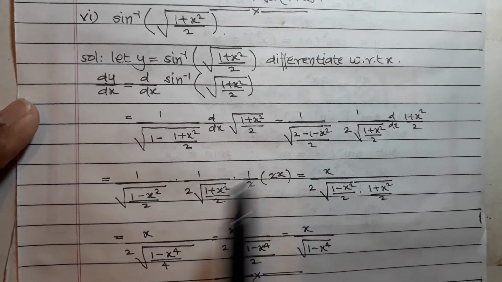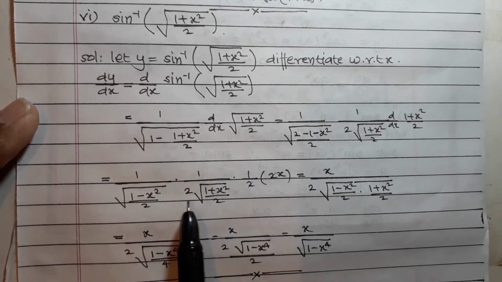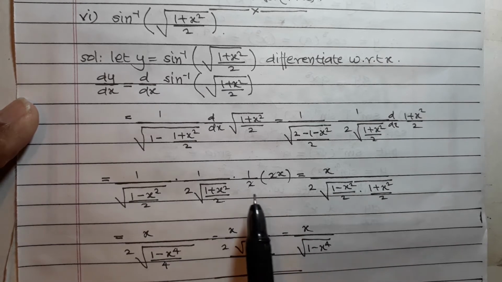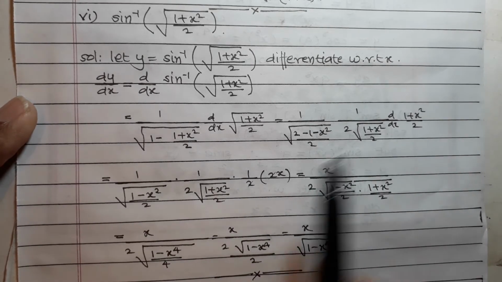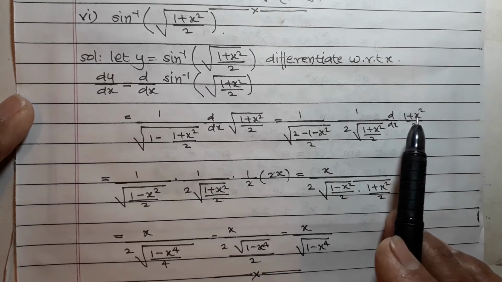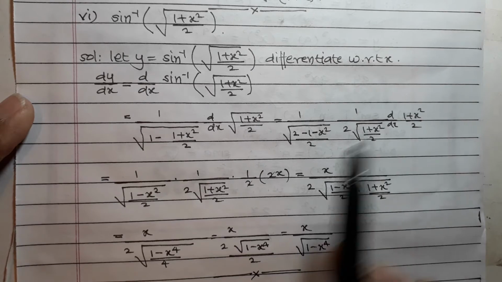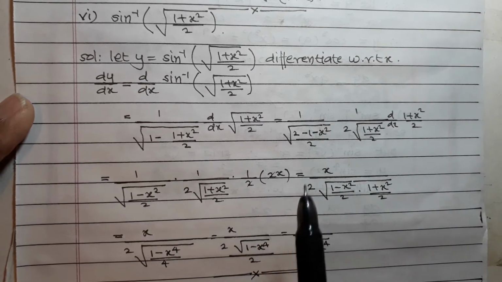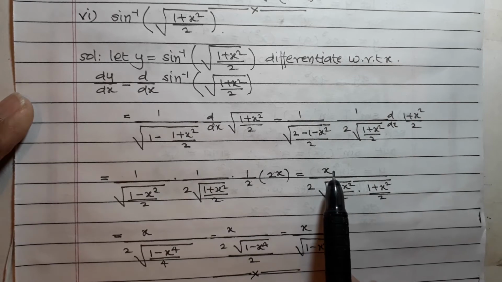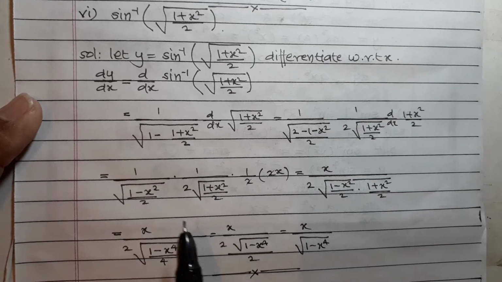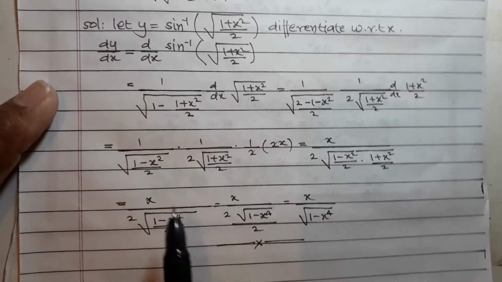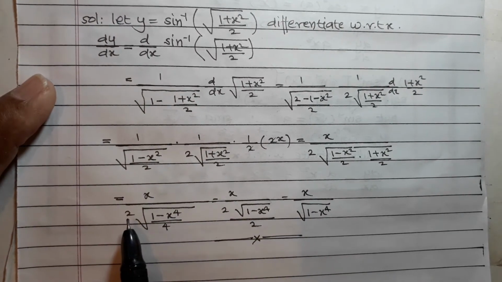So this 2 and this 2 get cancelled and that is equal to only x, and therefore the derivative is equal to x upon 2.